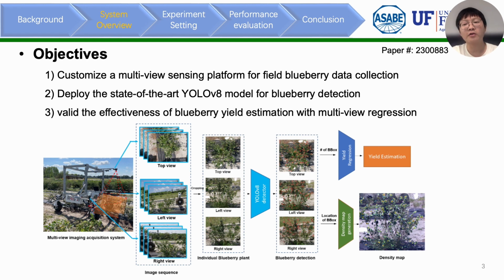With detection results, the number of predictions will be used for the yield estimation, and the location of the predictions can be used to generate the density map to show the spatial distribution of fruits. As for the yield estimation, we will compare the prediction from the single view and the multi-view regression, then validate the effectiveness of our approach.